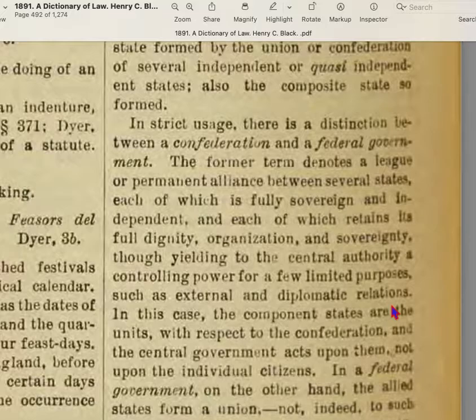So treaties, declarations of war, declaration of peace, and a few other things that may be listed in the Constitution, which is why we have ministers, consuls, and ambassadors, okay? Because they go to other countries, they work on relationships, they come up with treaties if they need to, and those are the external powers that the states yielded to the federal government in order to keep the peace. So we see that in the preamble of the Constitution, where it says tranquility, blessings of liberty, and general welfare.